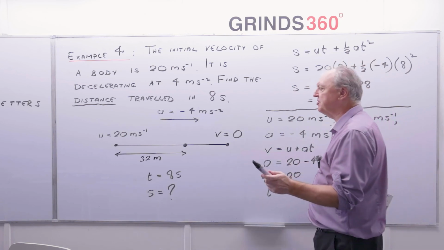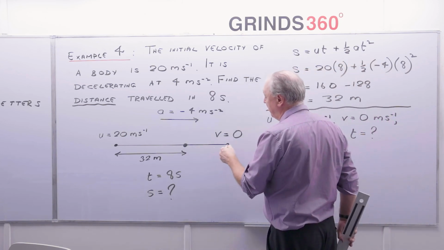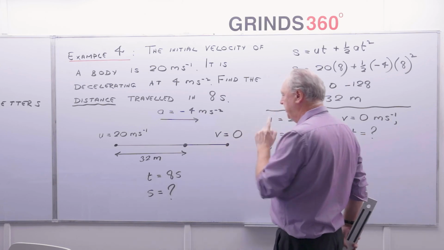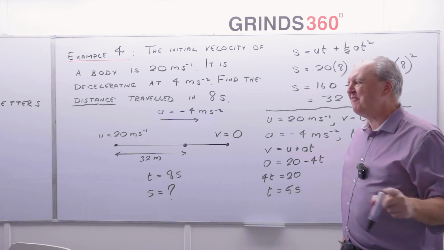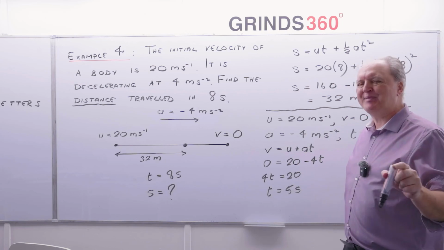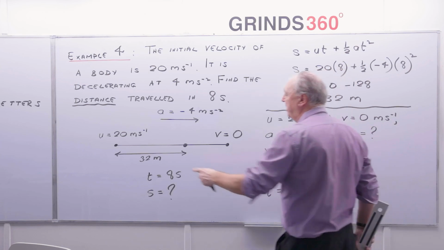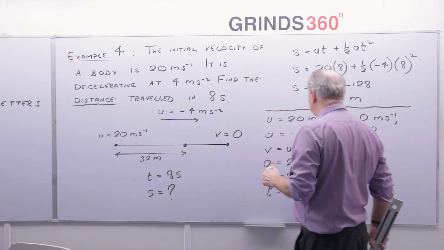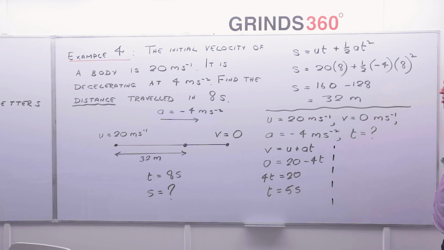Well, what's the distance? Well, I need to know this bit here, that I travelled and then went back. Why don't I find the displacement after 5 seconds? The displacement and the distance after 5 seconds are the same thing, because I'm keeping going in the same direction. So why don't I find the distance travelled after 5 seconds?